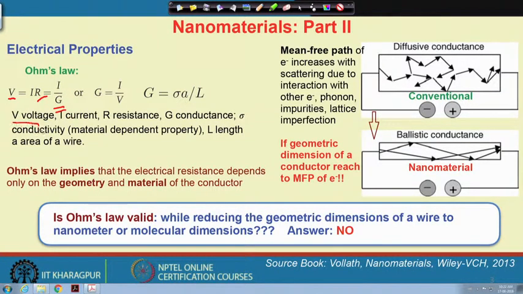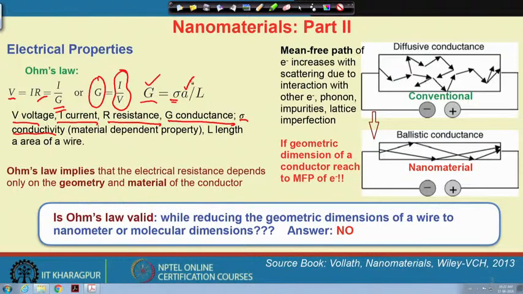Here V is the voltage, I is the current and R is the resistance, and G is the conductance. So, G basically equals I by V. Also, we can replace this I by V with the conductivity of the material.